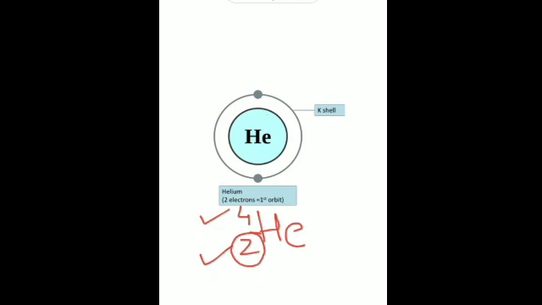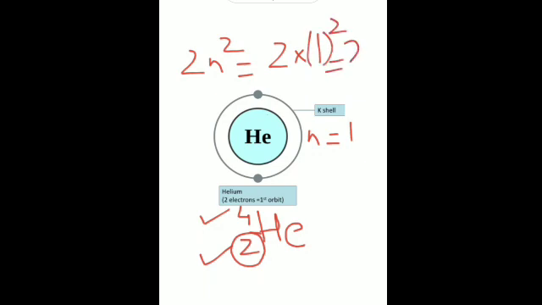So we know this is the K shell. That means n is equal to how much over here? It is 1. That is shell number 1, the K shell. How many maximum electrons can it accommodate? Remembering the formula, 2n square: 2 into 1 square is equal to 2.